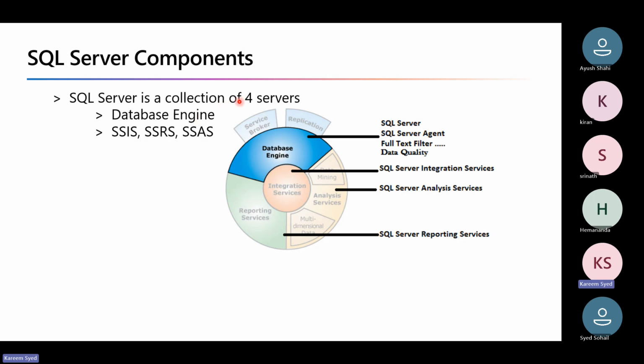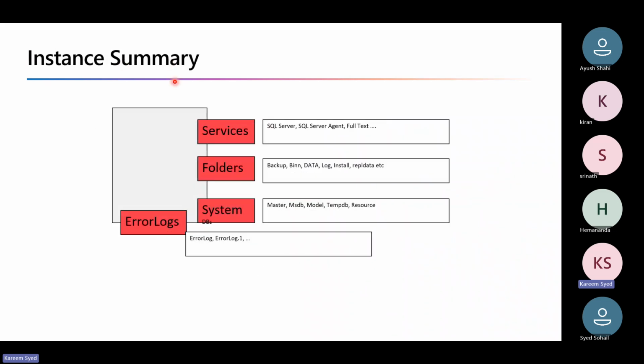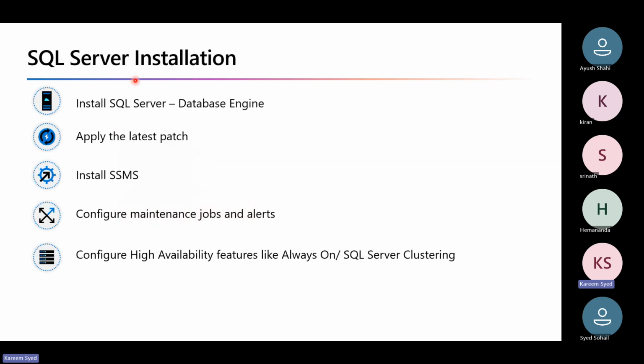And we discussed that SQL Server is a collection of mainly four database components. We'll continue with the instance summary. After that we'll see the custom installation, how we do installation and what steps we follow in real time.